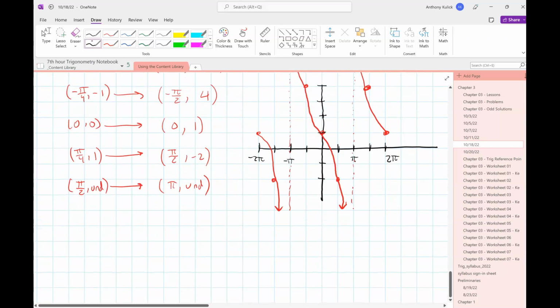Let's go the other way. Let's go from graph to equation now. This will be the last skill that we worry about in this section.